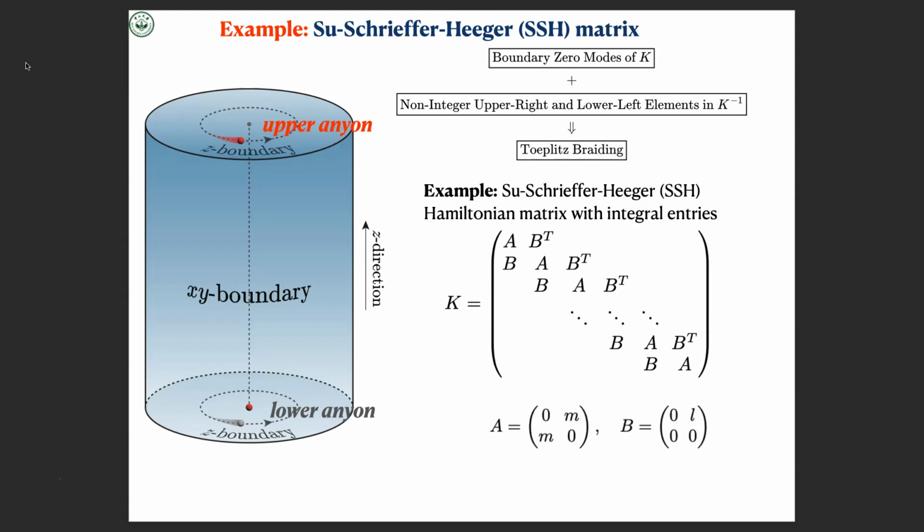So the Hamiltonian is Hermitian, and this Hamiltonian has two phases: a trivial phase and a non-trivial phase. In the non-trivial phase, we have this boundary mode, right? It's a topological insulator protected by chiral symmetry. I don't remember the complicated definition of chiral symmetry. So here is A and B. A is M and B is L, right?